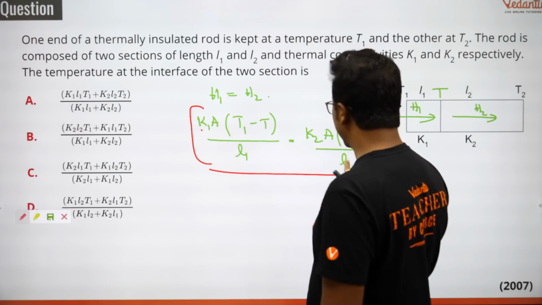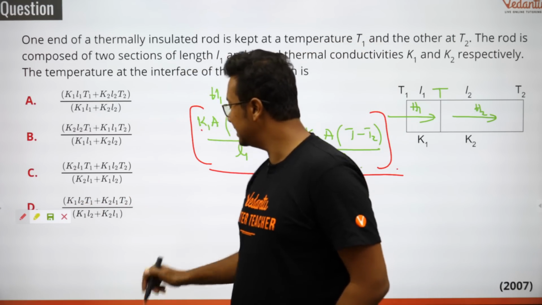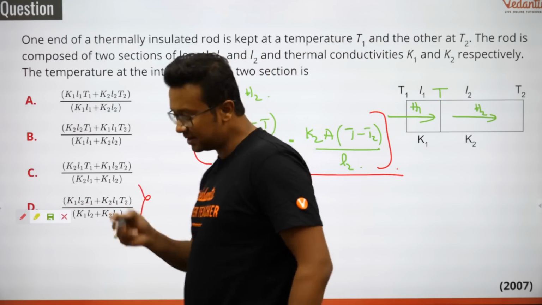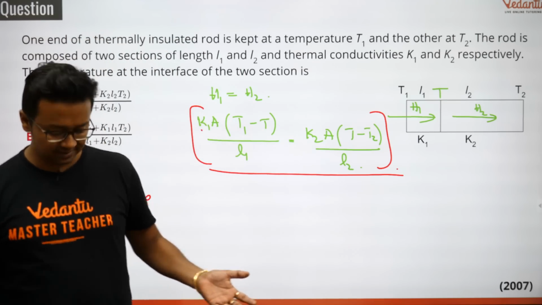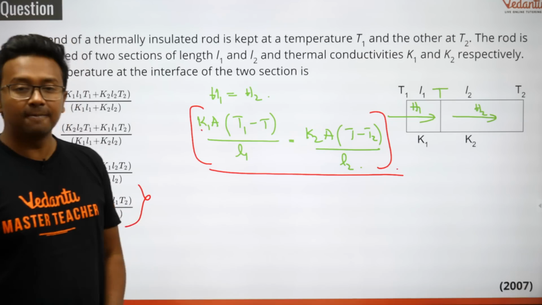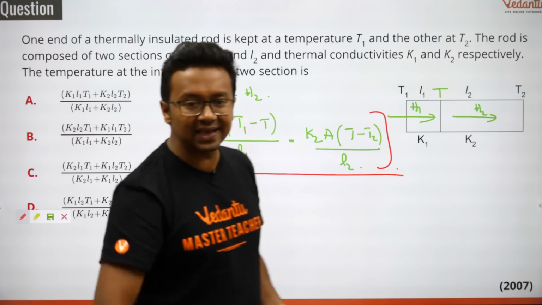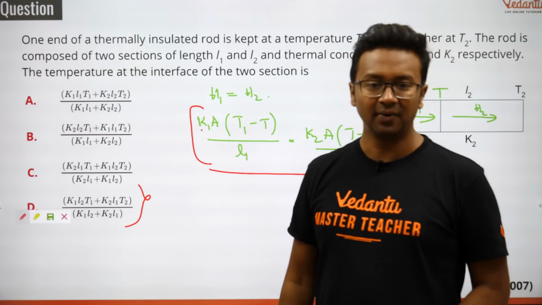But K1, L2 and T1 together are only present in option D. Bas, that's it. You got the answer. So that is your answer, option D. It didn't even take me 30 seconds to get this correct.